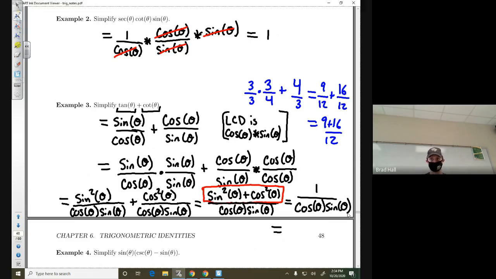That's not good. We need to get rid of quotients. The way we can get rid of quotients, well, cosine in the denominator, what trig function does that correspond to? 1 over cosine. That is secant. 1 over cosine is secant.